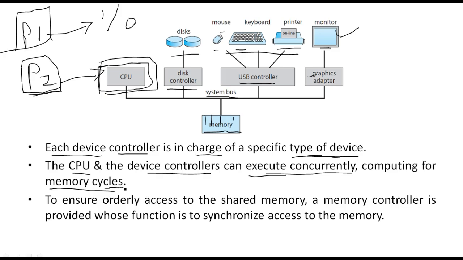Right. So in this fashion, all the device controllers and the CPU can execute concurrently by using the memory cycles. To ensure orderly access to the shared memory, a memory controller is provided whose function is to synchronize access to the memory. So in a synchronized fashion, the memory is shared among the devices that need it and those that want to perform some function in the memory.